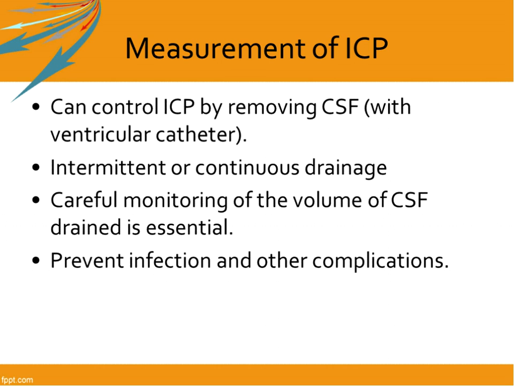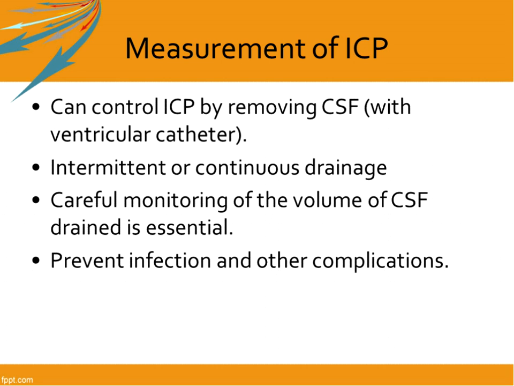When the ICP is above the indicated level, we can use that ventriculostomy system to open up that stopcock, allow the drainage, relieve the pressure inside the ventricle. There's two options, intermittent or continuous. If it's intermittent, you open the ventriculostomy system at the indicated ICP, you let it drain for about 2 to 3 minutes, and you close it.